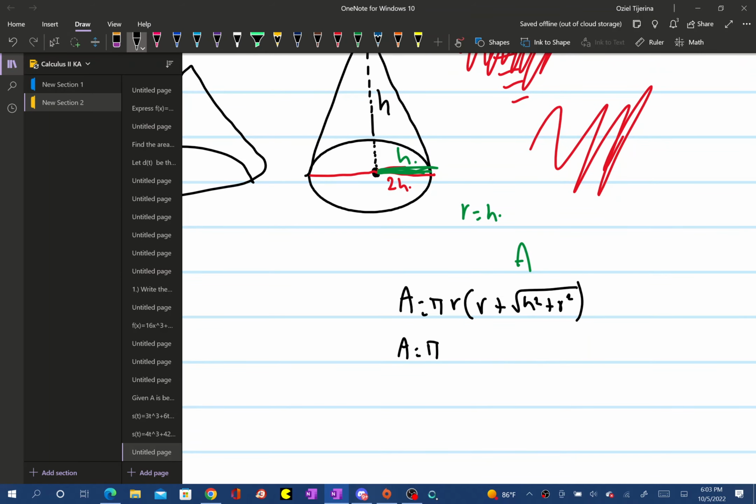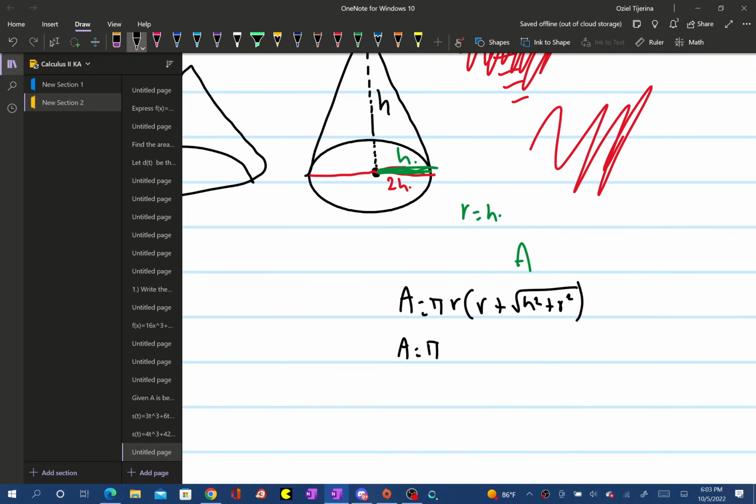And then we have area is pi h squared plus h square root of 2h squared, which is pi h squared plus h square root of 2 times h, which is pi h squared plus h squared square root of 2.